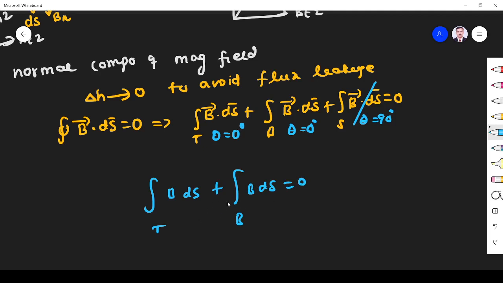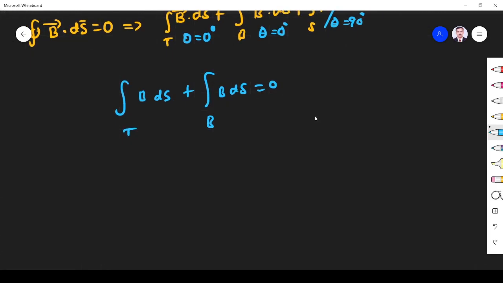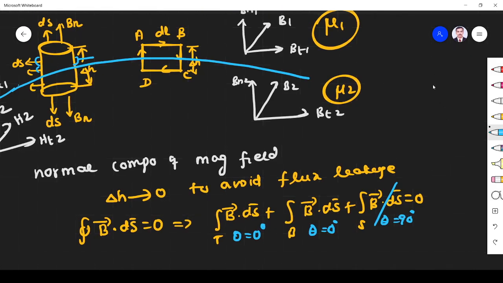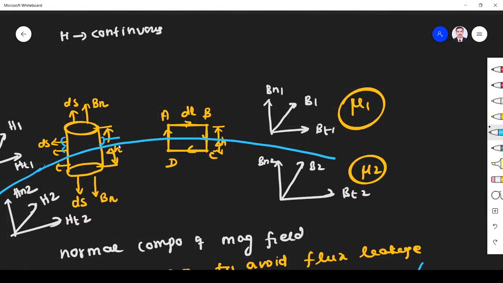In the top, what is B? B is Bn1, it is surface number 1. So it is Bn1. In the bottom it is Bn2, but it is opposite to Bn1, so we will put it this side.